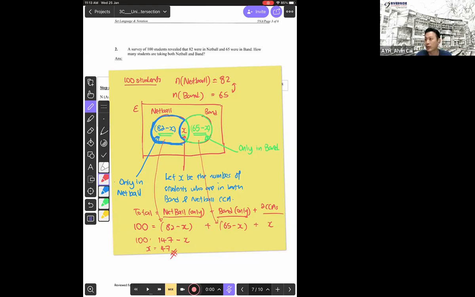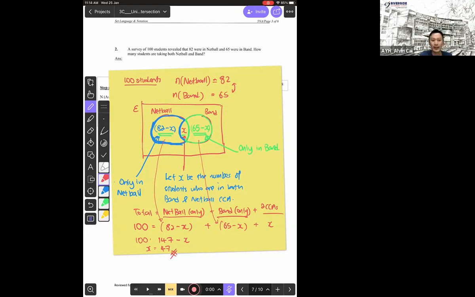Yeah, so this is a technique. So let me recap how we do this kind of question. Okay, a level 3 question. So the first thing is that we must know that there's always one overlapping. So in this case it is X, where they are both netball and band.